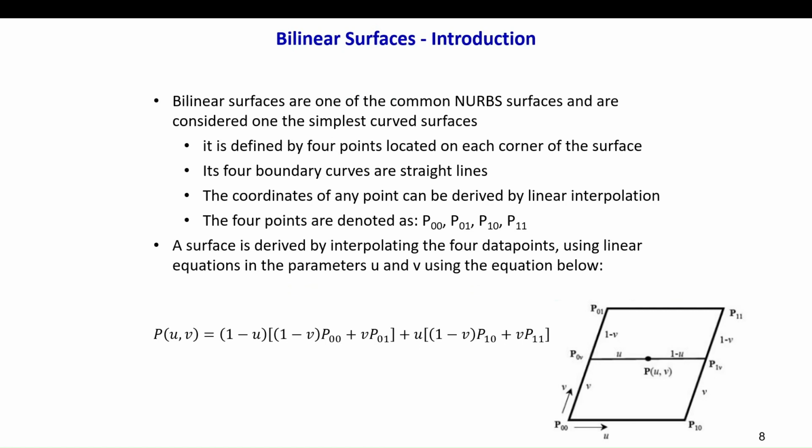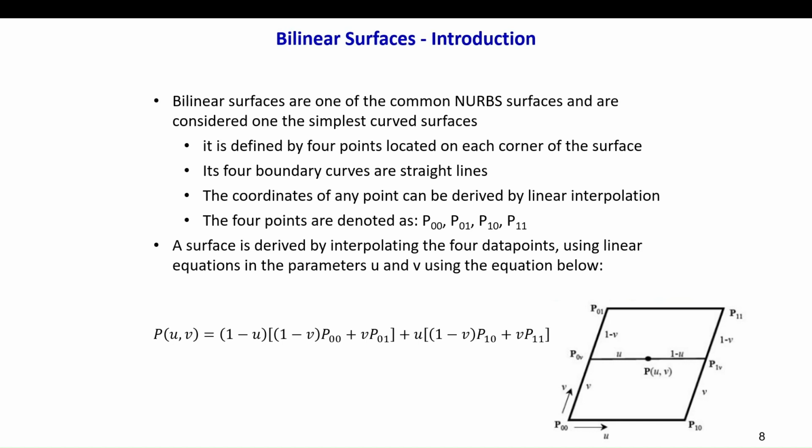Now, on discussion of bilinear surfaces, this is the introduction. Bilinear surfaces are one of the common NURB surfaces and are considered one of the simplest curved surfaces. It is defined by 4 control points located on each corner of the surface. Its 4 boundary curves are straight lines.